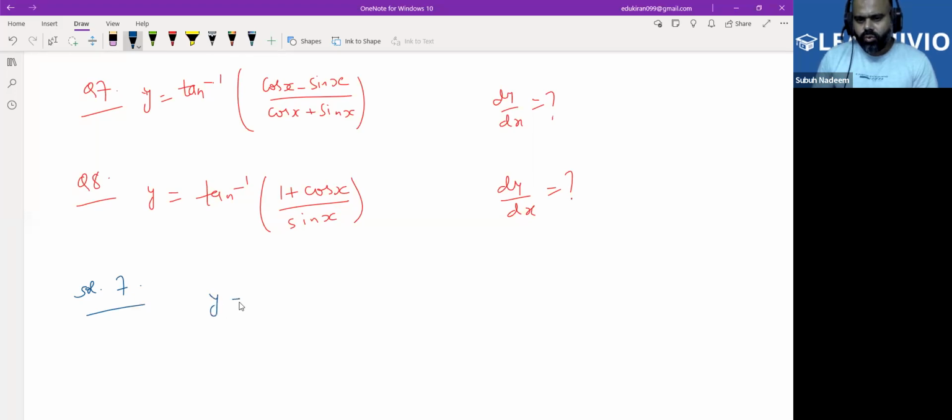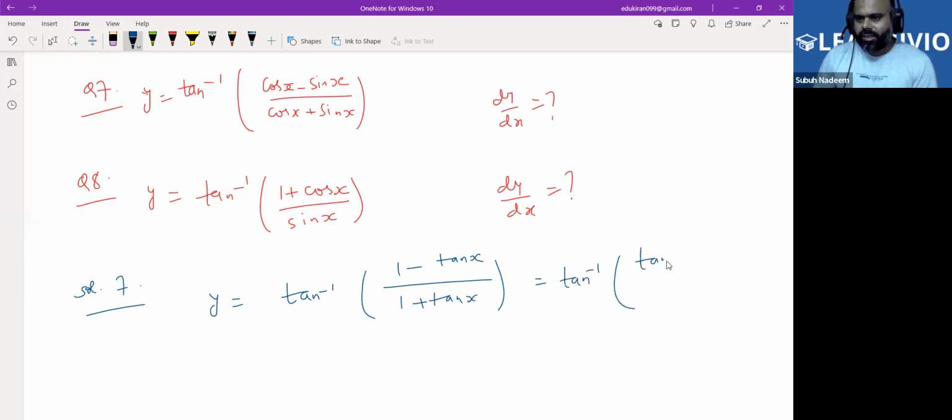So in question number 7, first, we take tan inverse and we divide the numerator and denominator by cos x. So this will become 1 minus sin x by cos x, that is tan x, and the denominator will be 1 plus tan x.